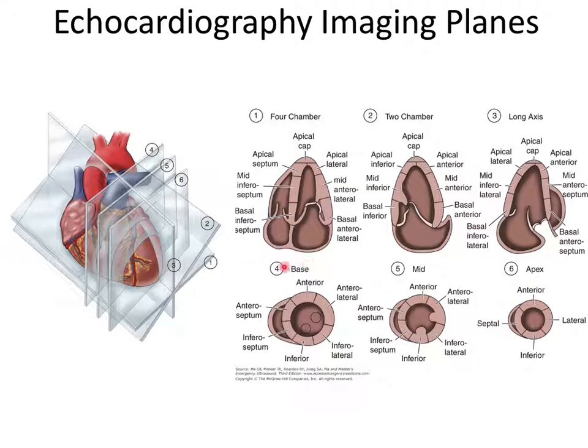Here's another cartoon of what those views look like with respect to the geometry of the heart itself. 1, 2, and 3 are the long axis views of the heart that are up here. This view is the parasternal view, and they're 4-chamber and 2-chamber views.